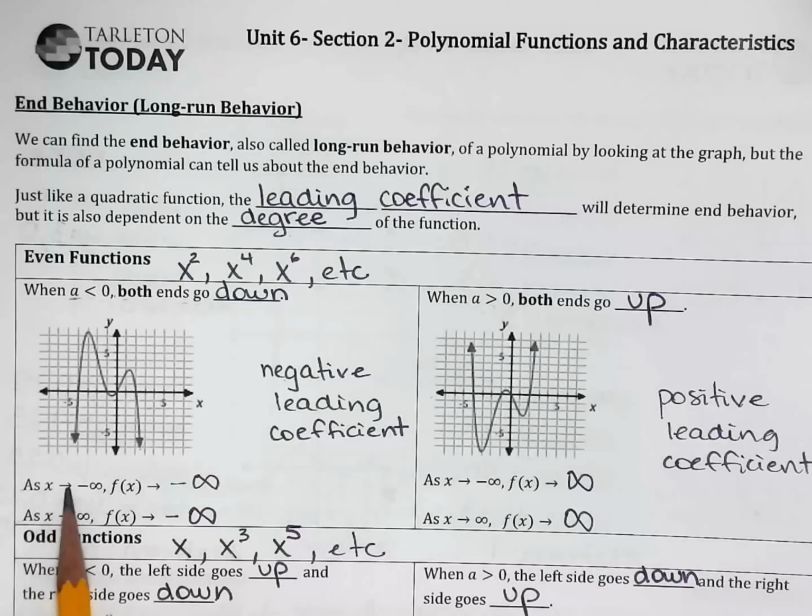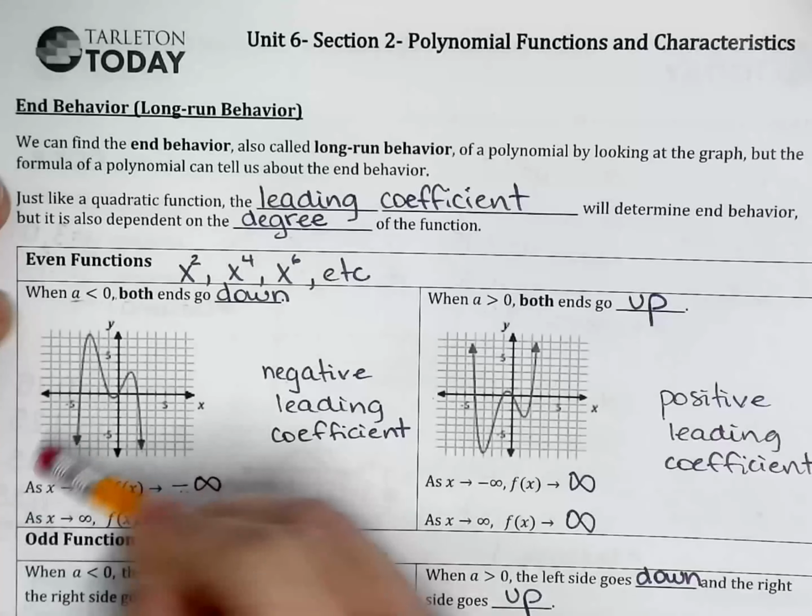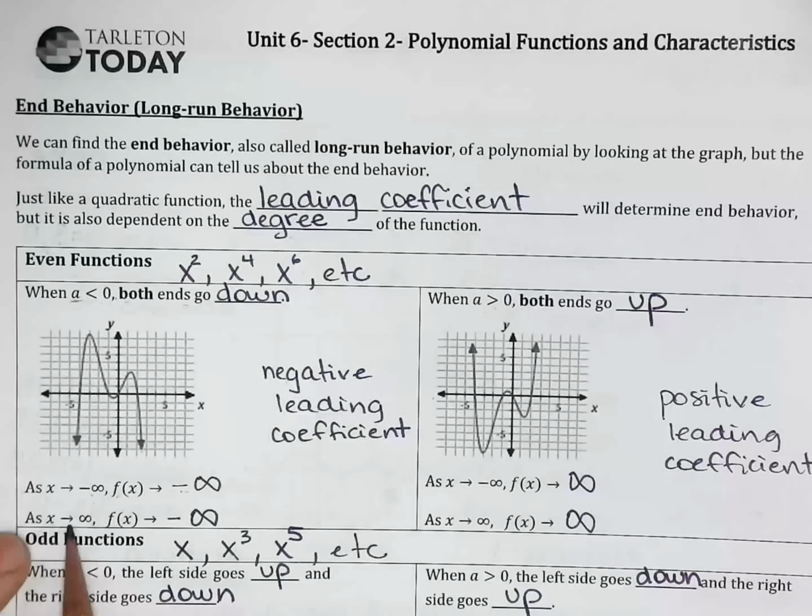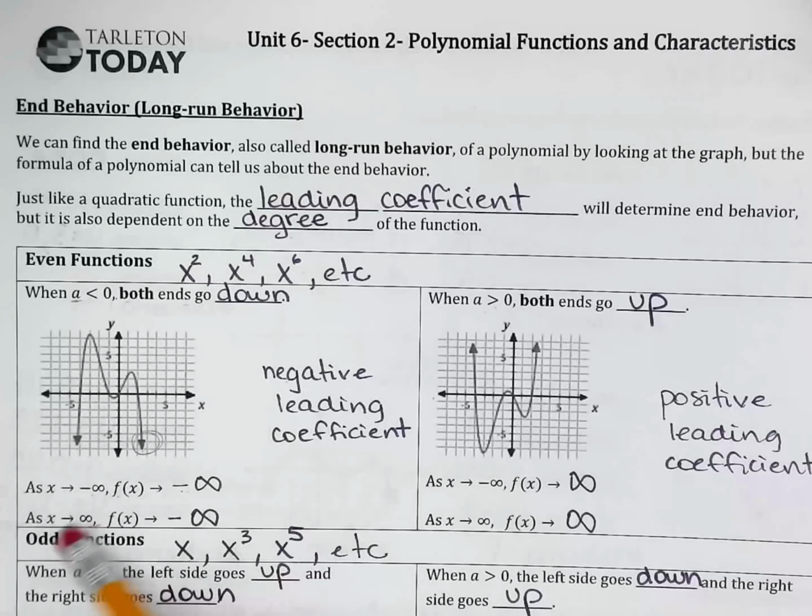Now, as x approaches -infinity, then f of x approaches -infinity right there. So the first one, we're looking at this guy. As x approaches -infinity, f of x, or y, approaches -infinity. As x approaches positive infinity, so we're looking at this guy now, then f of x approaches -infinity.